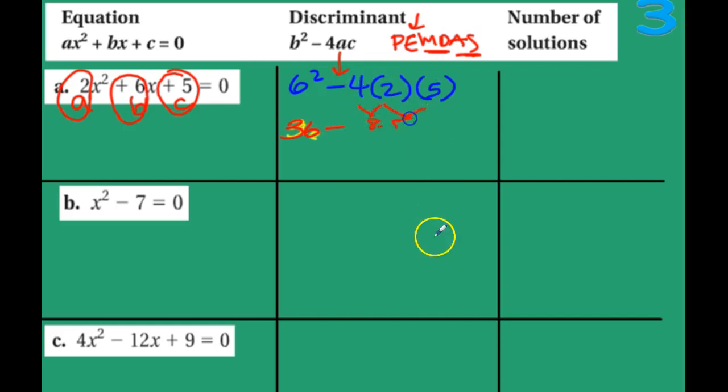But 8 times 5 is really 40. So all of those numbers multiplied really give us 40. So 36 minus 40 is going to give us a negative 4. Can we take the square root of a negative 4? No, you cannot. So there is no solution.